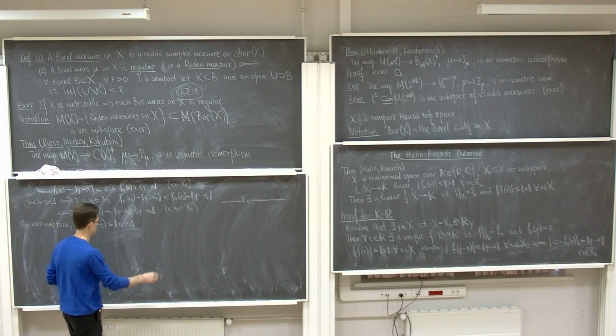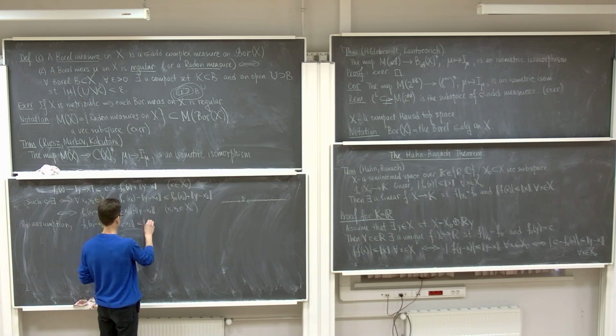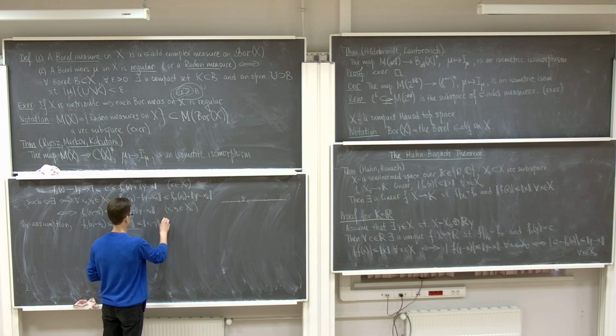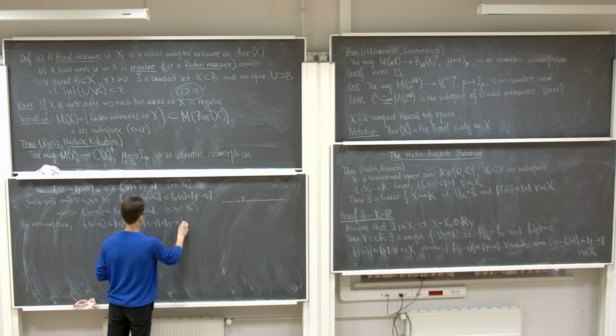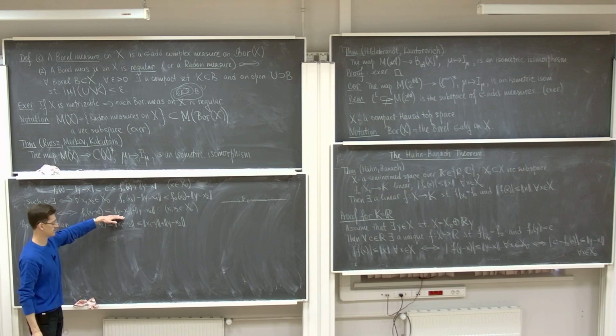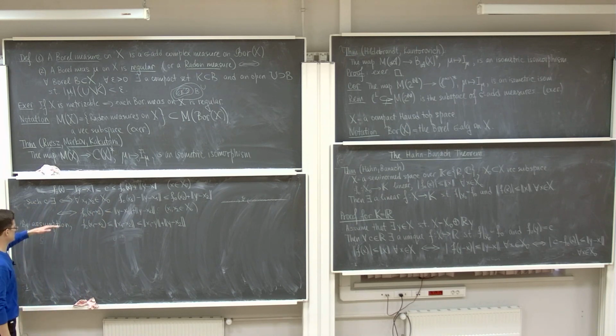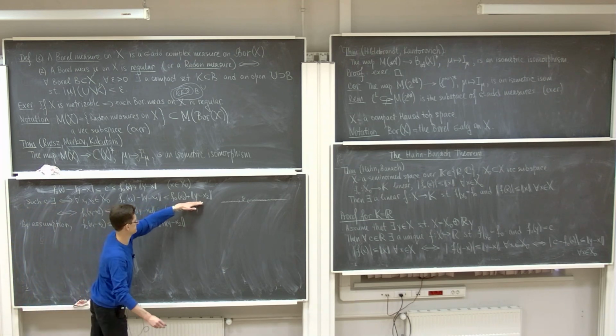But by the triangle inequality, this is less than or equal to the norm of x1 minus y plus the norm of y minus x2. And what we get is precisely this inequality. So as a result, we see that this condition is satisfied.